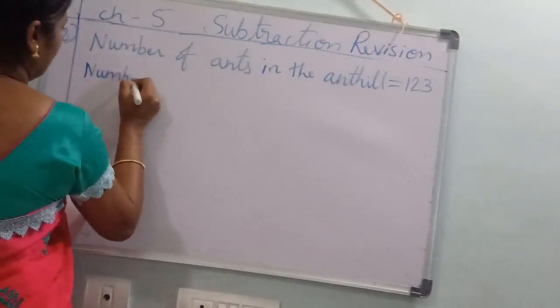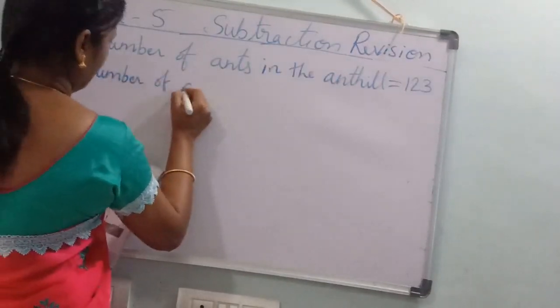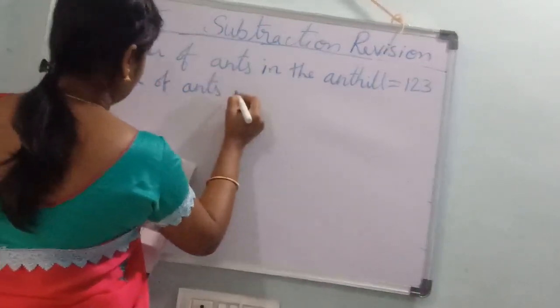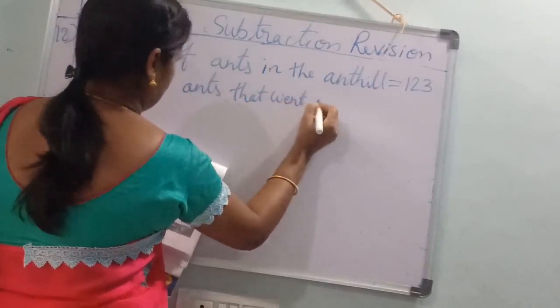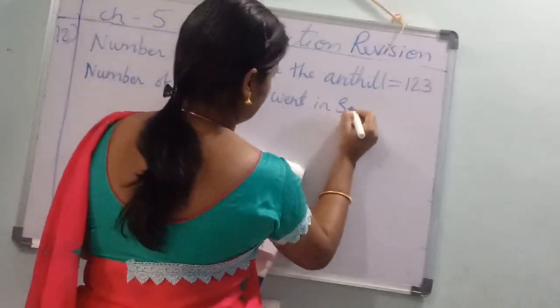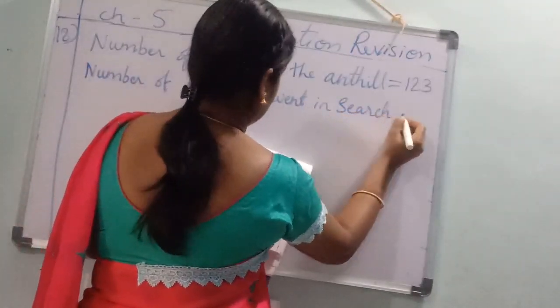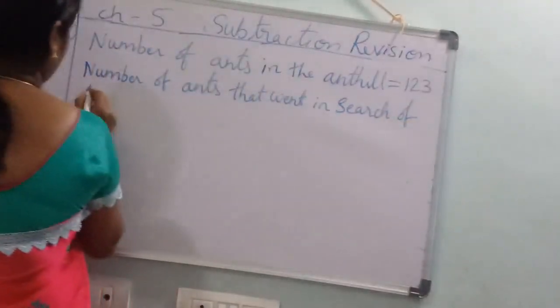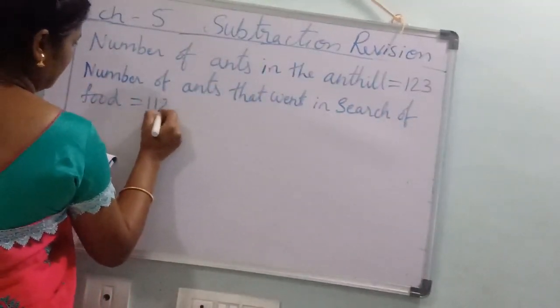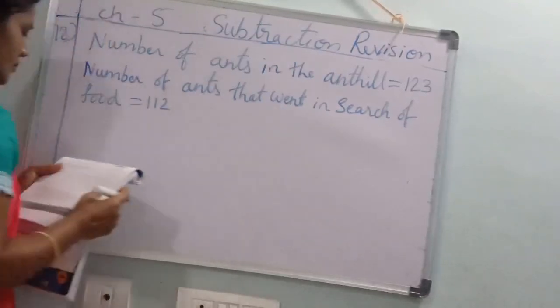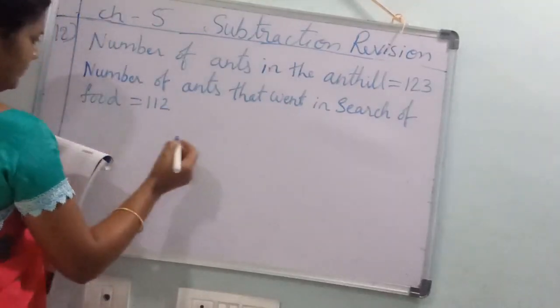Number of ants that went in search of food. How many went? 112. Okay.